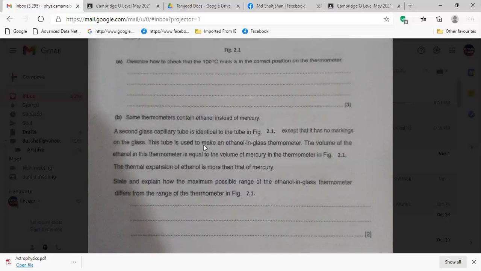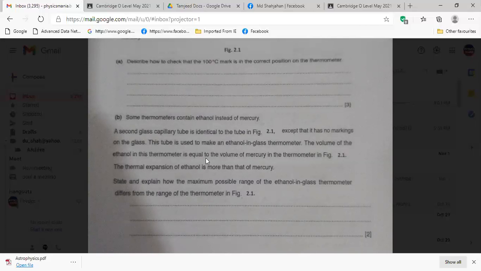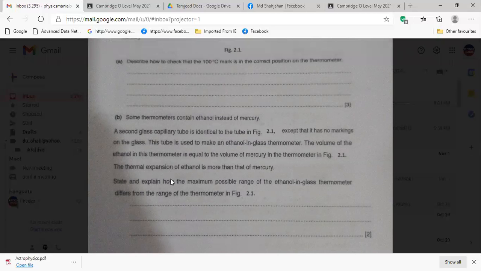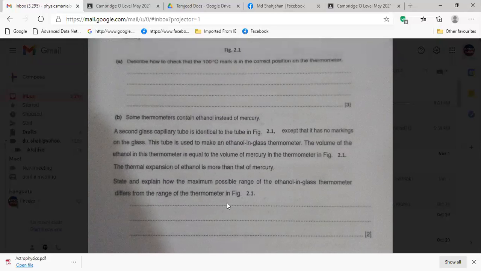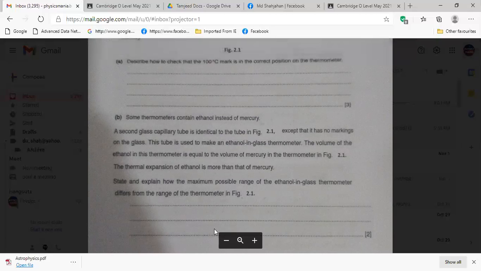This tube is used to make an ethanol in glass thermometer. The volume of the ethanol in this thermometer is equal to the volume of the mercury in the thermometer in figure 2.1. The thermal expansion of ethanol is more than that of mercury.